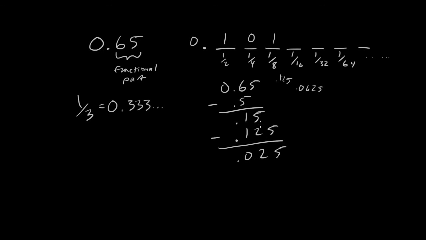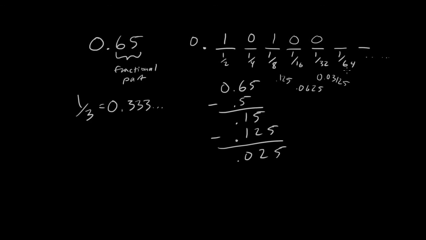Now 0.0625 does not go into that, so I'll just say that. Okay. Now 1/32, that's going to be in decimal 0.03125. Yep. So that doesn't go there, so there we go.